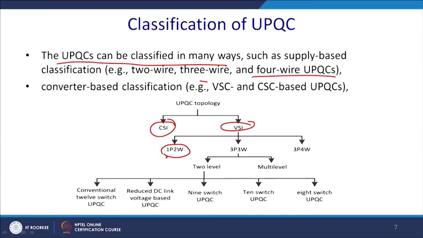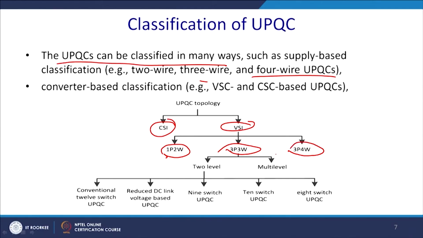It may be a 1-phase 2-wire system, that is for a single phase system, or a 3-phase 3-wire system for the delta connected line. This is mostly in a little higher distribution line, and the 3-phase 4-wire system is mainly for the distribution line.